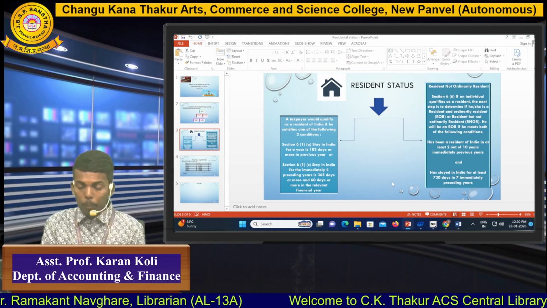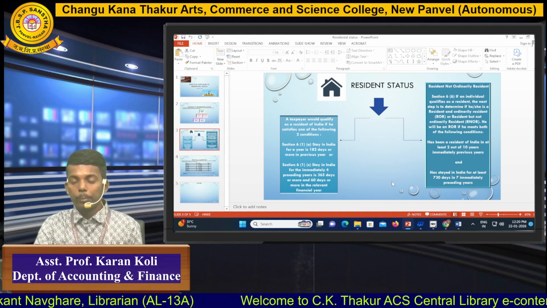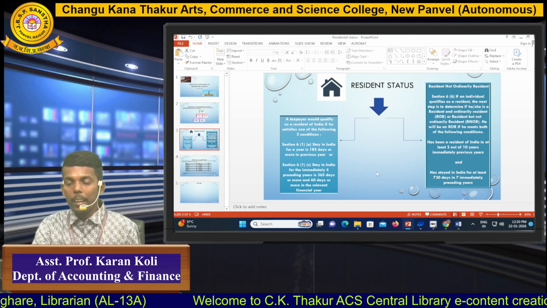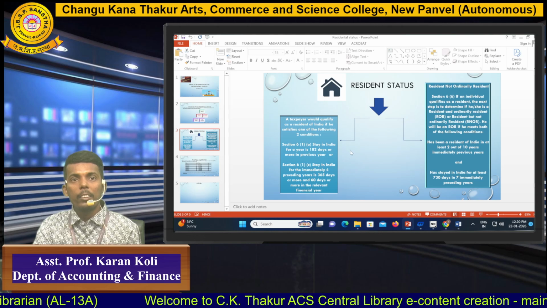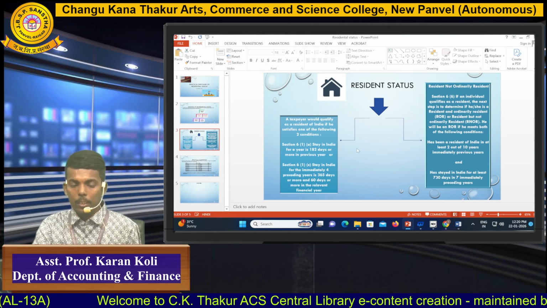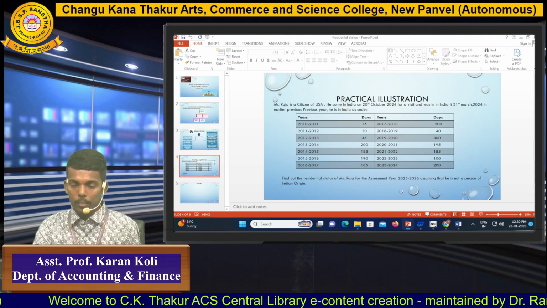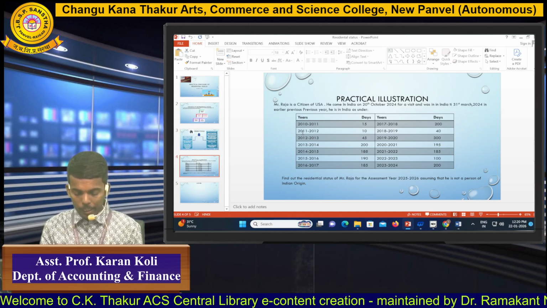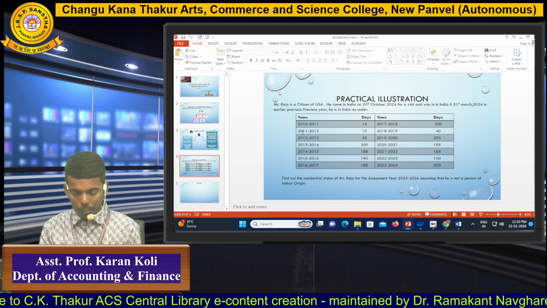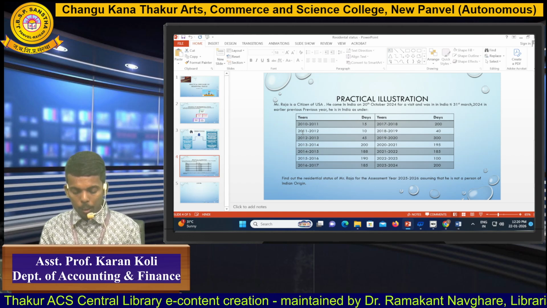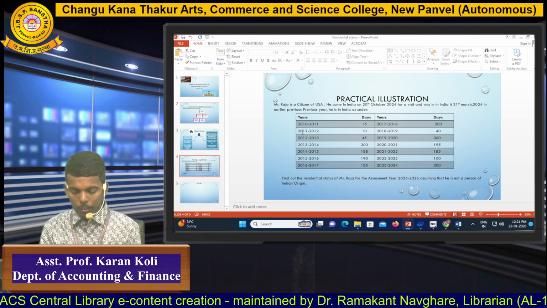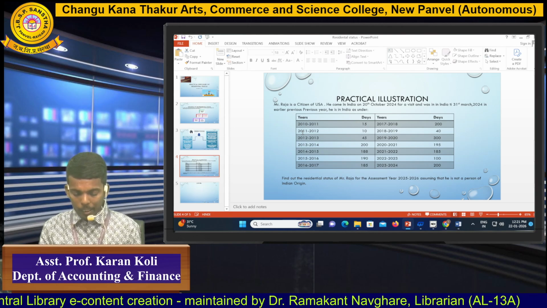So with the help of these basic and additional conditions of residential status, we will also solve a practical illustration. So it's time to understand this practical example.